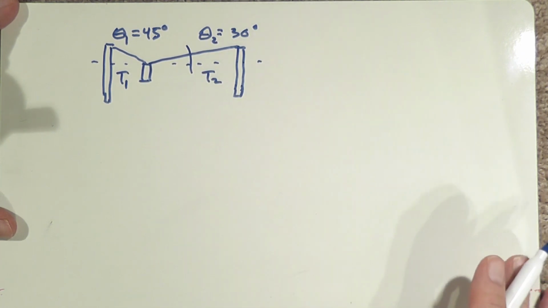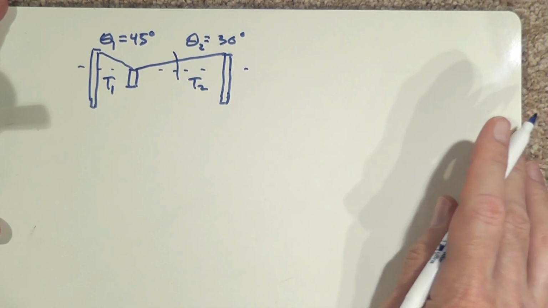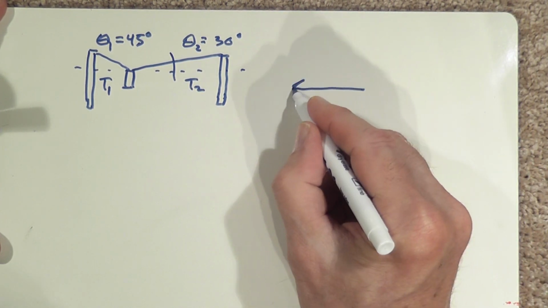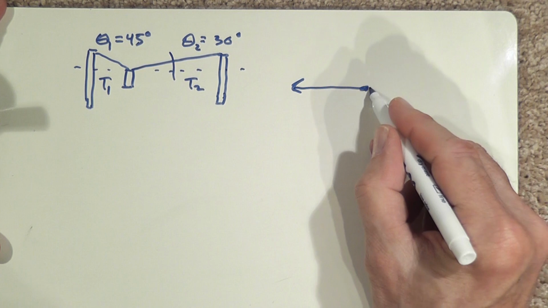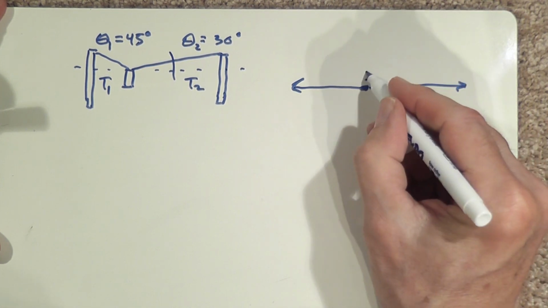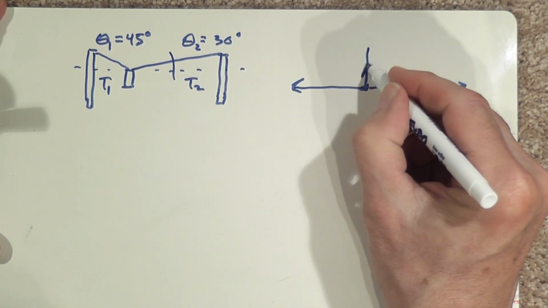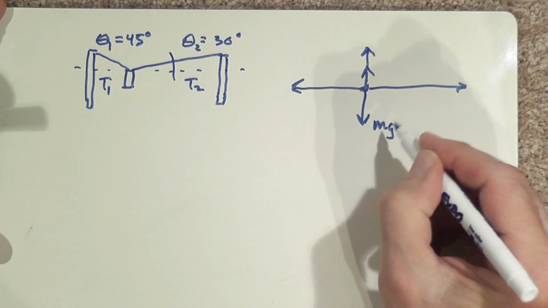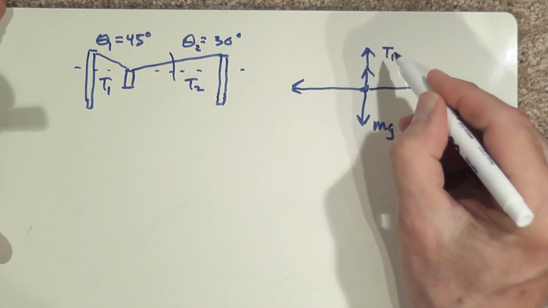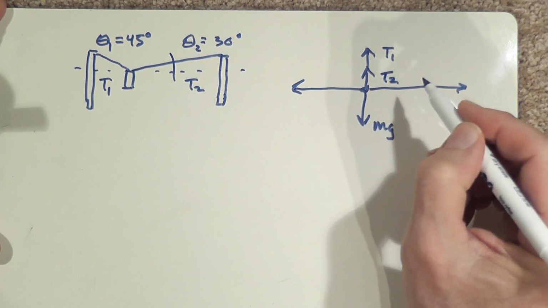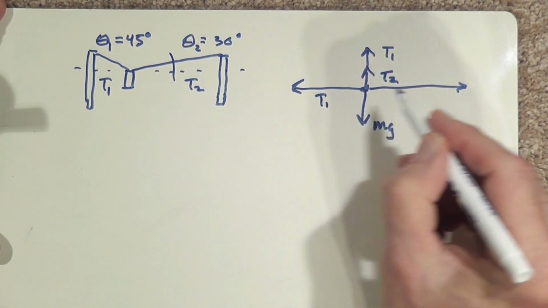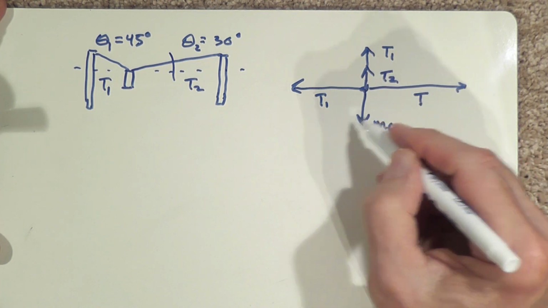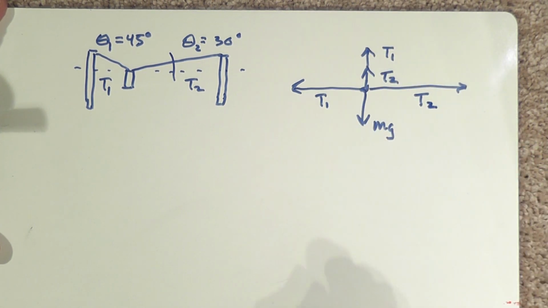So the first thing you do is draw a free body diagram. So let's do that. Here we have T1 and T2 in the vertical, and T1 and T2 in the horizontal.